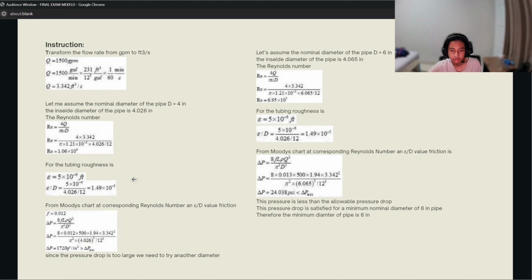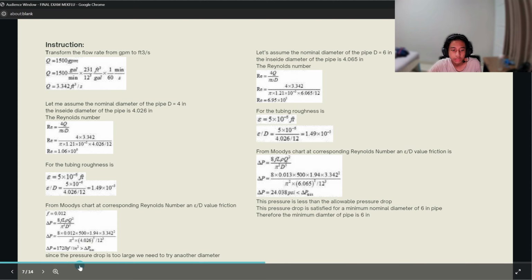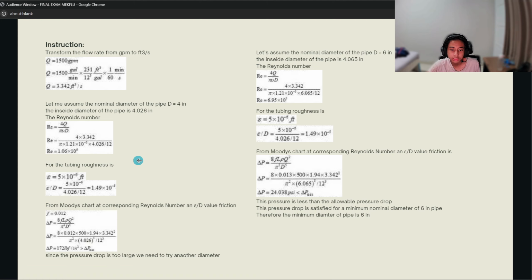From the Moody chart at the corresponding Reynolds number and epsilon per diameter value, friction is about 0.012, and then we just need to input the friction number into the pressure or head loss equation, which we get about 172 lbf, which means the pressure drop is too large, so we need to find another diameter.